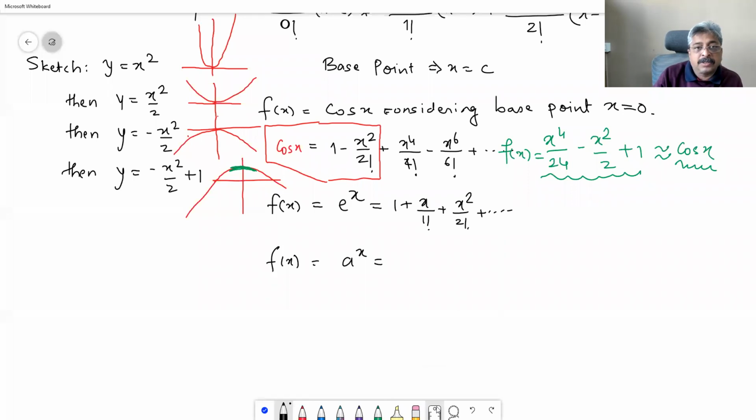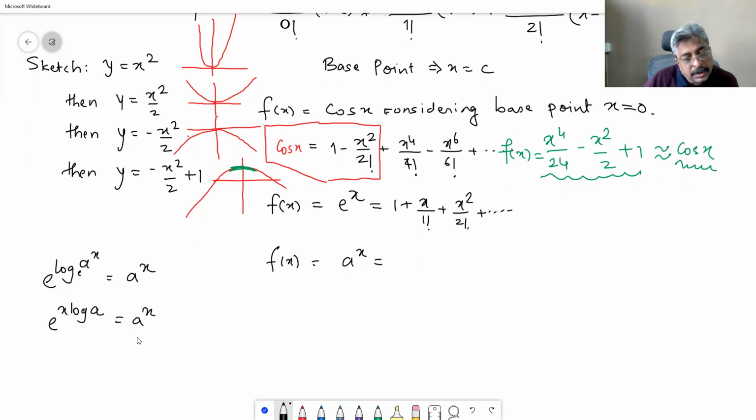A raised to x, you can do it using e raised to x. e raised to log a raised to x is equal to a raised to x, and you know the series for e raised to x. So e raised to x log a is equal to a raised to x. Now you can consider x log a as your t or something like that and write down the same series expansion.